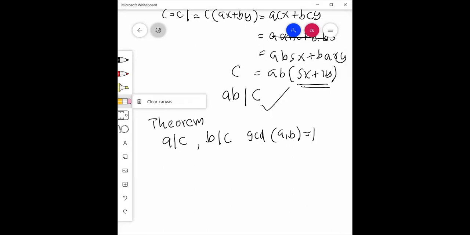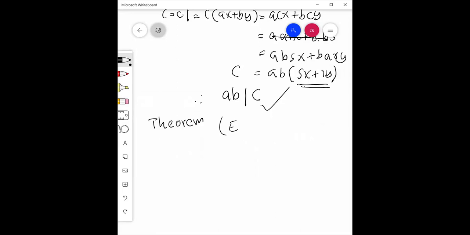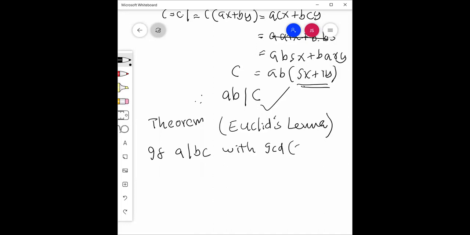Okay, so I want to erase that. This is called Euclid's lemma. If A divides BC with GCD of A and B equal to 1, then A divides C.